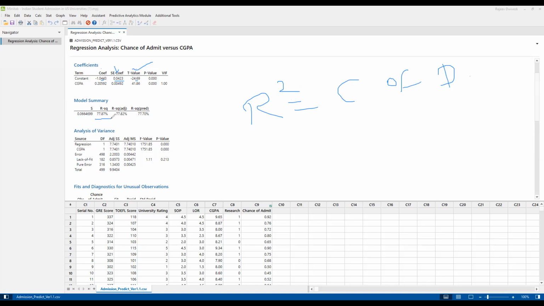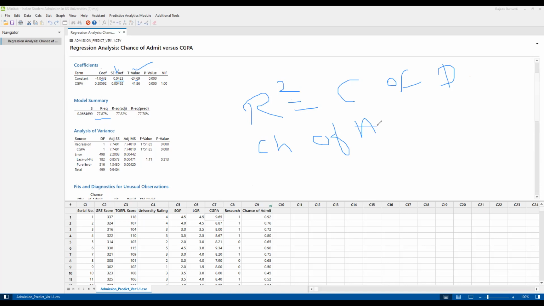How do we interpret it? What is our dependent variable? Chance of admission. 77.87% depends on your GPA.